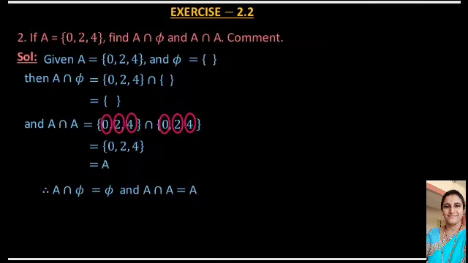If A is equal to the set {0, 2, 4}, find A intersection phi and A intersection A. First we find A intersection phi, next A intersection A. Given A is equal to the set {0, 2, 4}, and you already know what phi is: phi is the null set, which has no elements, also called the empty set. So A intersection phi means the set {0, 2, 4} intersection the set phi.